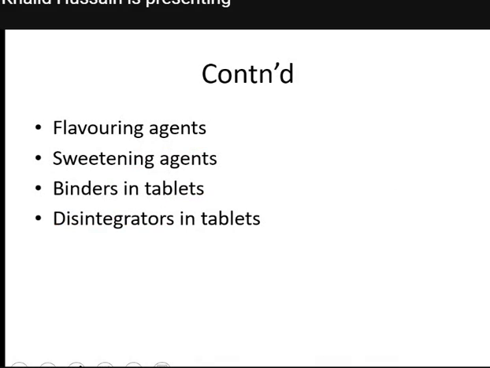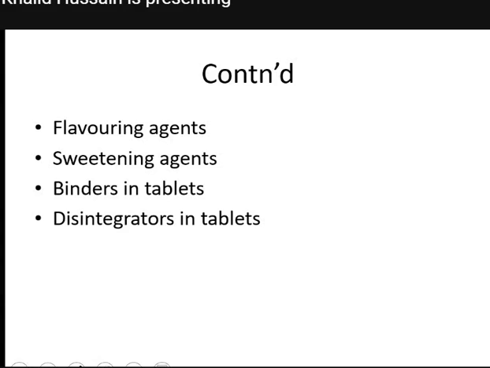In pharmacy, carbohydrates are used as flavoring agents. Flavoring agents impart flavor to the drugs. In drugs, we add flavors so that the patient can take such drugs easily.